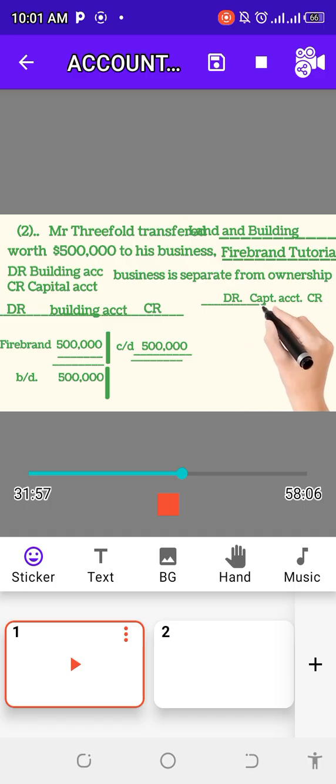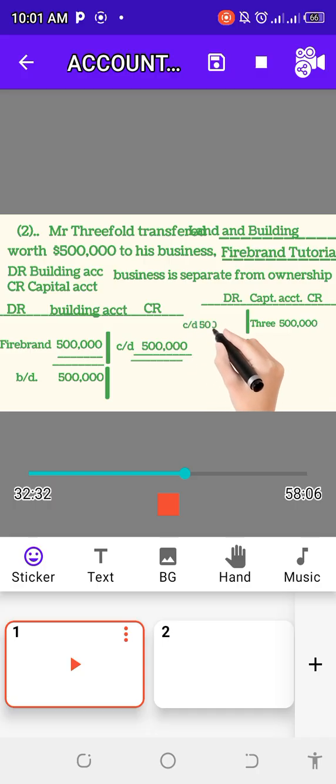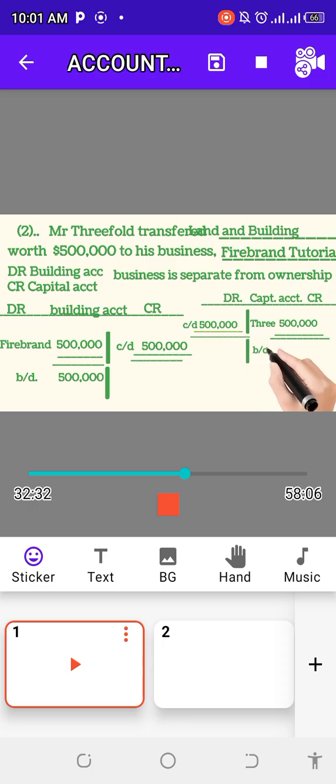Now, the capital account increases by the credit side. In this transaction, capital increases, and from what? Threefold. So we credit it threefold, 500,000, and we carry it down on the opposite side, 500,000, and we rule off and still bring out a balance, because equity or capital takes its balance by the credit side.